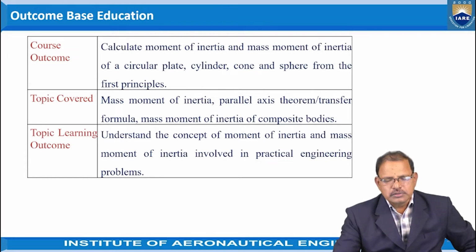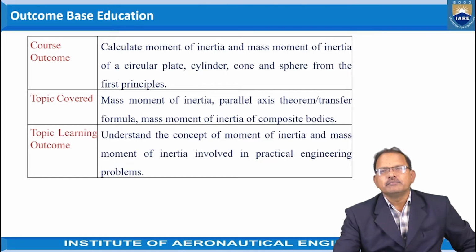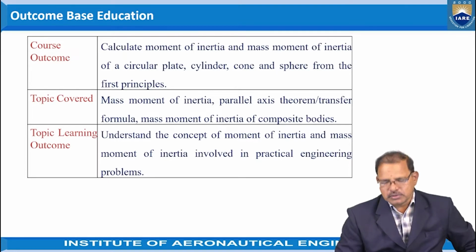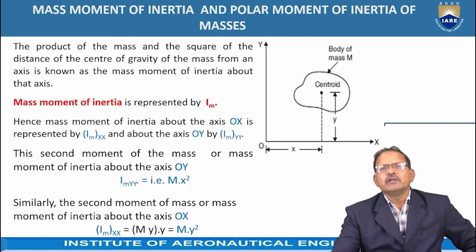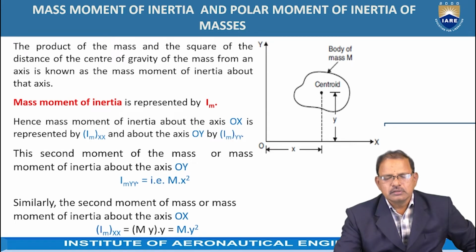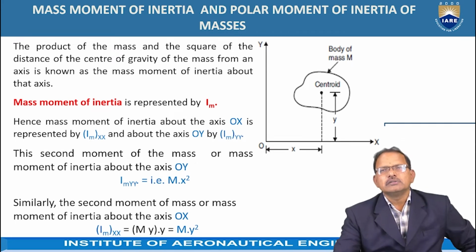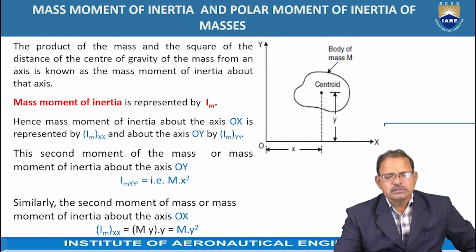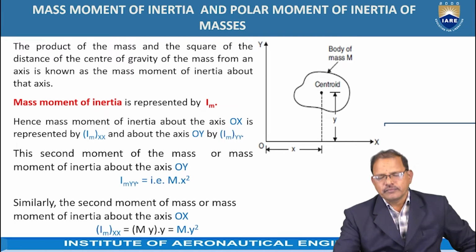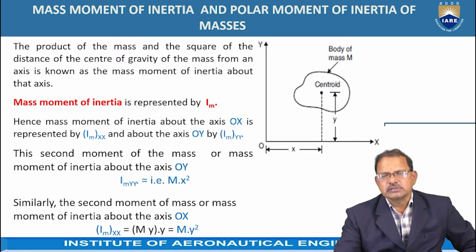Topic learning outcomes: understand the concept of mass moment of inertia and area moment of inertia involved in practical engineering problems. Here the mass moment of inertia is defined as the product of mass and square of the distance between the center of gravity of the mass from the reference line, called the mass moment of inertia about that axis.